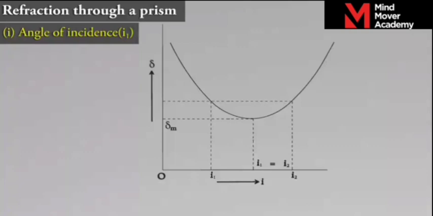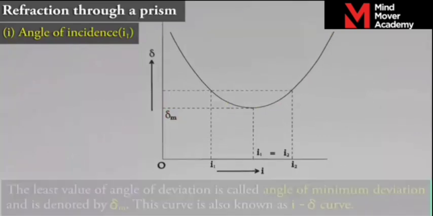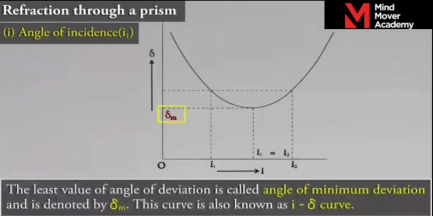This curve indicates that as the value of angle of incidence increases, deviation angle decreases, becomes least and then starts increasing again. The least value of angle of deviation is called angle of minimum deviation and is denoted by delta M. This curve is also known as I-delta curve.